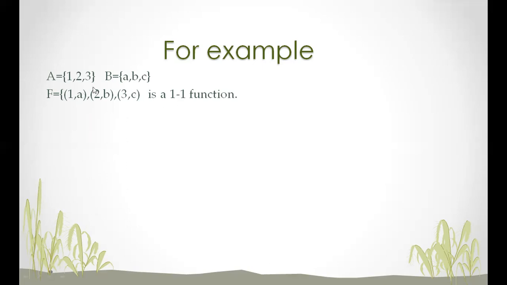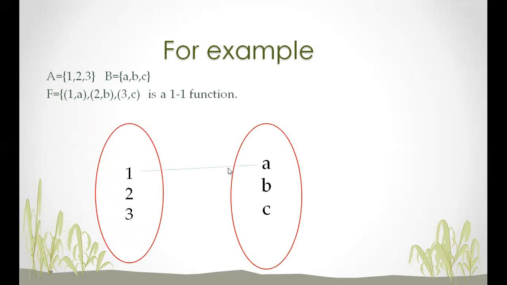And all the elements of B are used, meaning our range is equal to the codomain. So it is also an onto function. So this is our mapping: 1 maps to a, 2 maps to b, 3 maps to c, and this is a one-one function. This is also an onto function. This is one very important example in which the function is one-one and also onto.